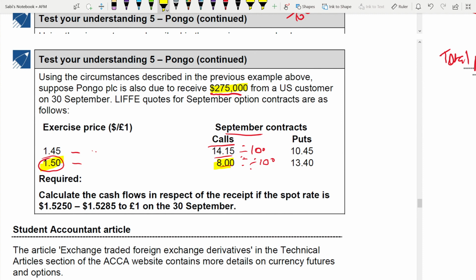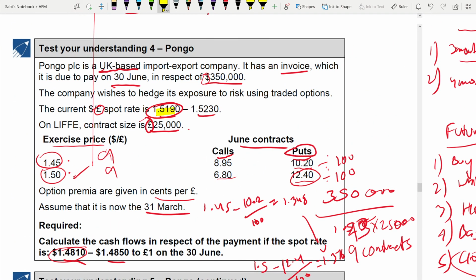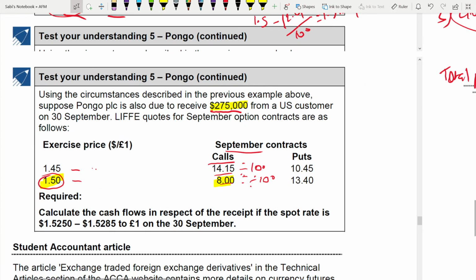So 14,000 divided by the spot rate. The premium you have to pay only at the spot rate, whether it's a receipt or a payment. That's why the same rate is used to convert the premium for both receipt and payment. So you get the premium.